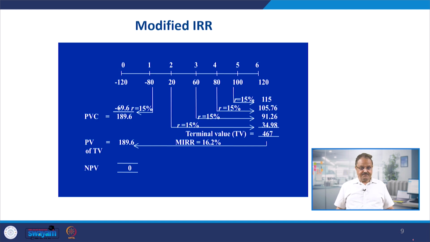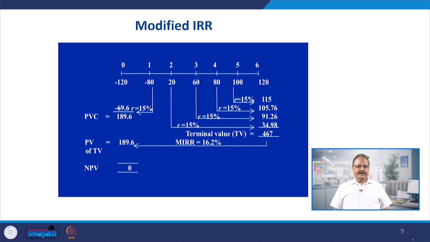But if it is a non-conventional cash flow, certainly we will have to rectify that problem, where in the zero period you have a cash outflow, in the first year you have an inflow, in the second year you have an outflow, and in the next 2 years you have inflows. Again, say further investment is required, so in the 5th or 6th year you have to make an outflow again. That becomes a non-conventional cash flow.